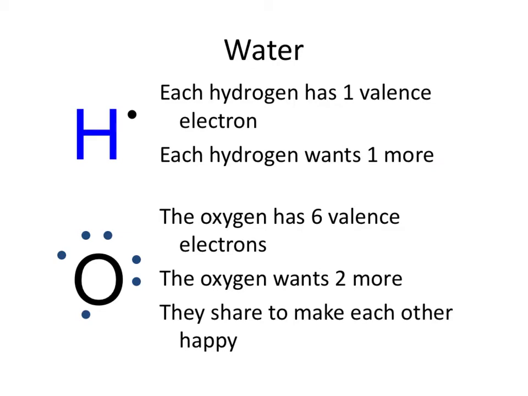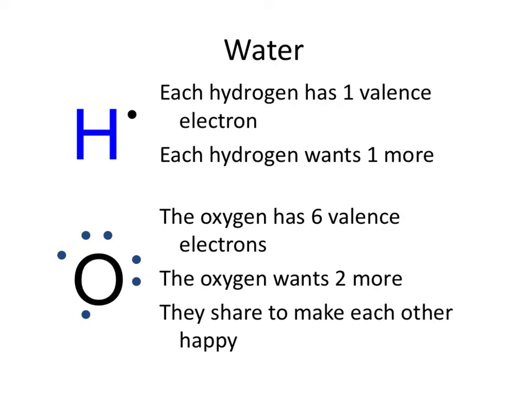Remember, it only wants 1 more because it's super tiny. It's in that first period, so it only needs 2 electrons to fill its outermost shell, because it only has that first energy level. All the other elements, except for hydrogen and helium in the first row, want to have 8. Oxygen has 6 valence electrons because it's in group 16.